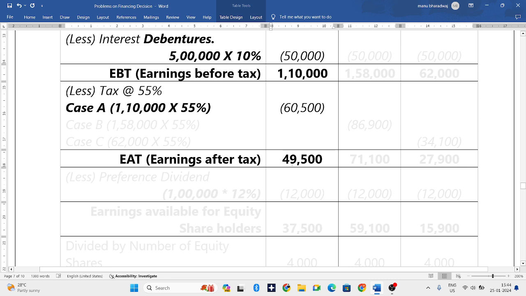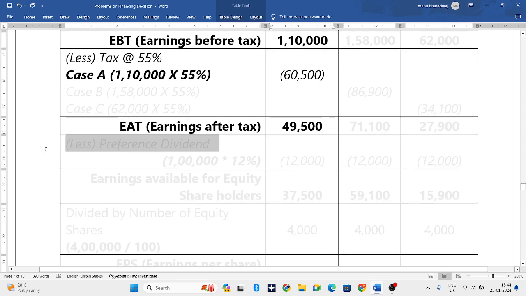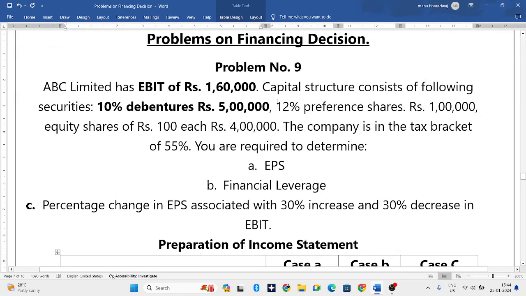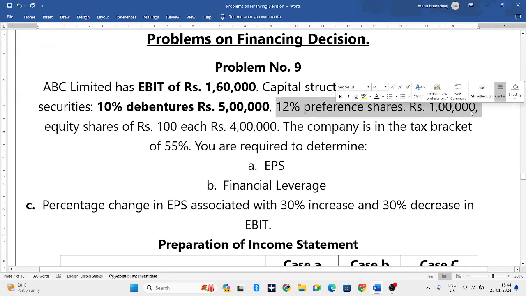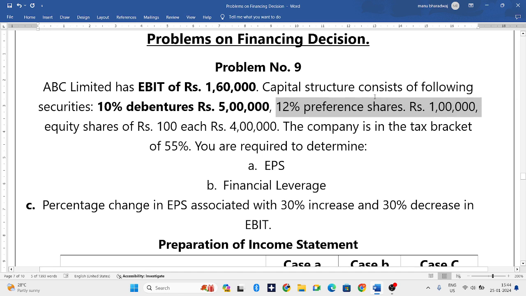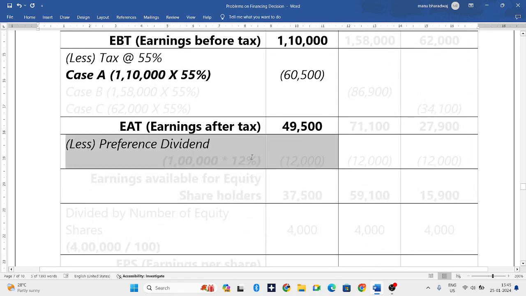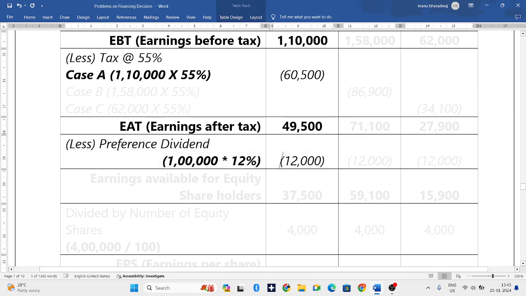Now, first we have to pay to the preference shareholders. We have to give dividend. So in the question they have given 1 lakh of preference shares and we have to give 12% dividend. So on 1 lakh we have to charge 12%, which is 12,000.